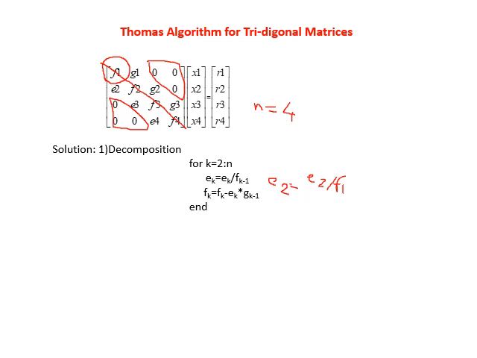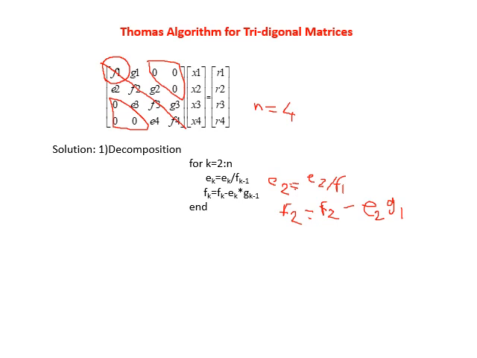That means we are going to use the same philosophy as in the Gauss elimination. Similarly, f2 will be equal to f2 minus e2 g1. So when k is equal to 2, f2 is equal to f2 minus e2 g1.